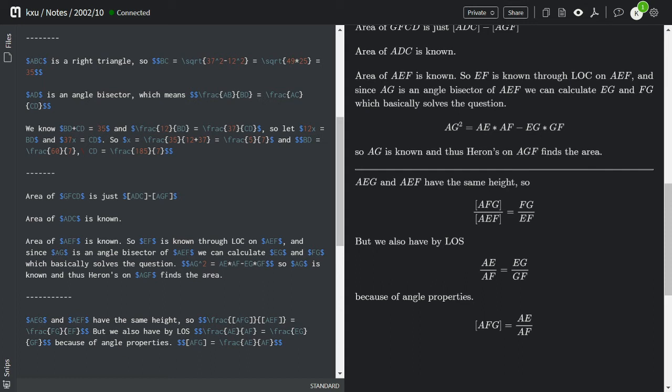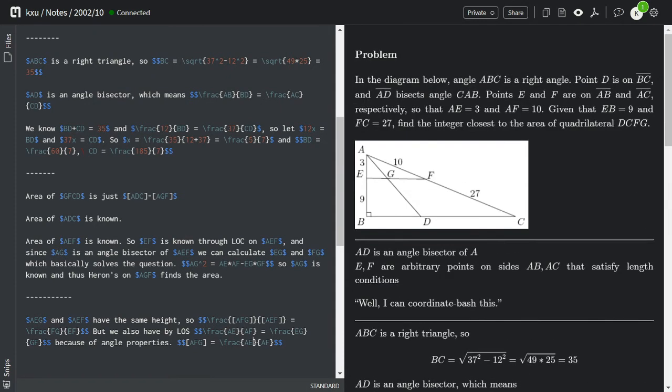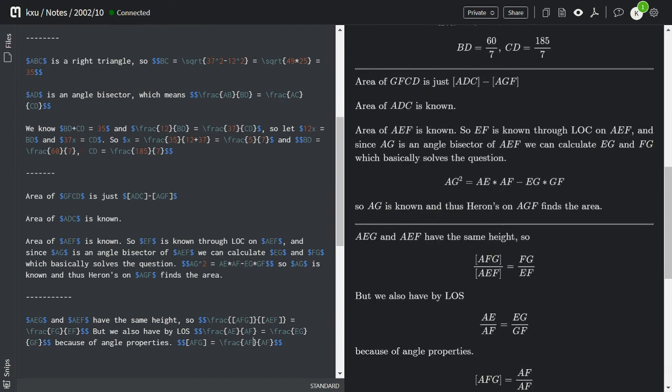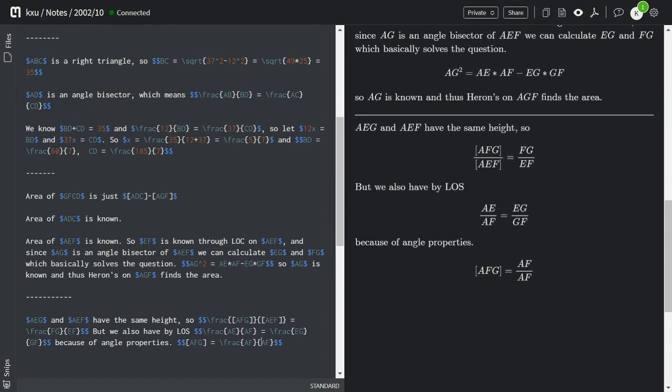Yeah, I did a little miscalculation here. This is EG over GF, not FG over EF. So this instead is going to be AF over AE plus AF, I believe, times the area of AEF.